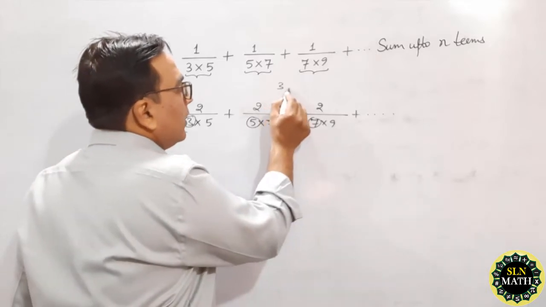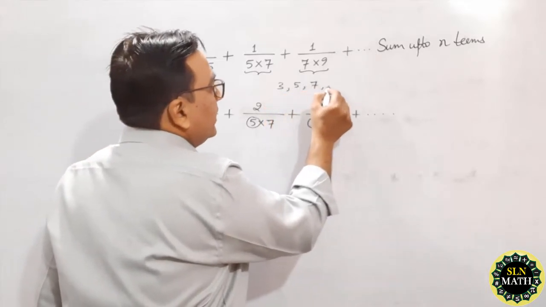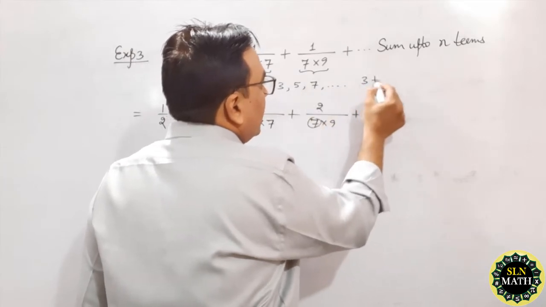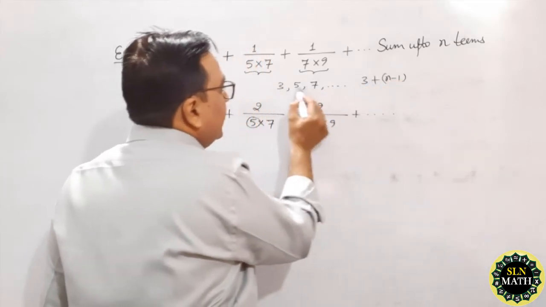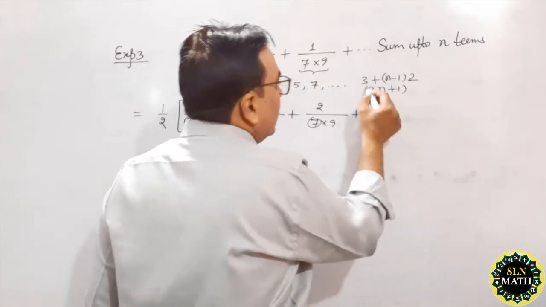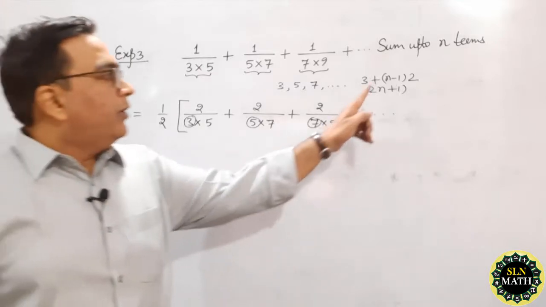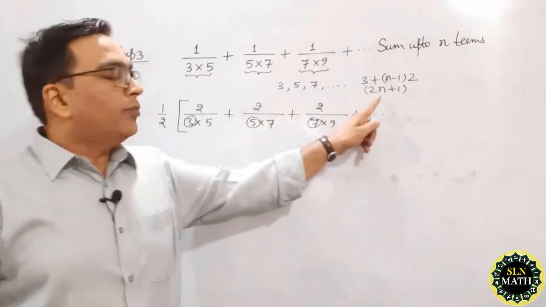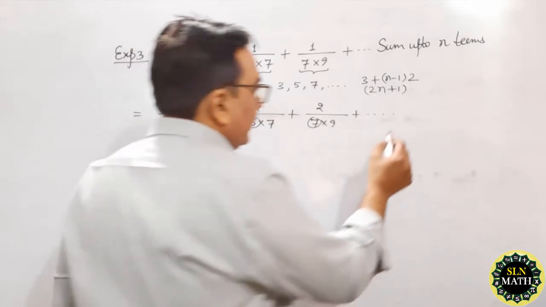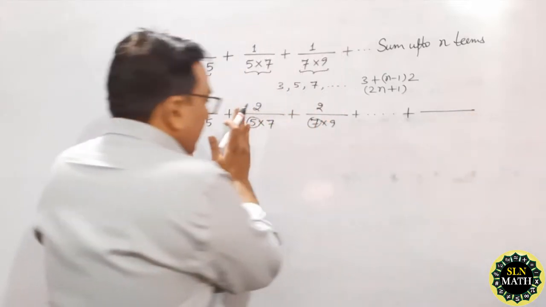So if you write the nth term it goes like this: a plus n minus 1 into d. The difference is 2, so that is 2n plus 1. And now you can verify also. When you put 1 here, you get 3, you put 2 here, you get 5, you put 3 here, you get 7. So I can write now the nth term.